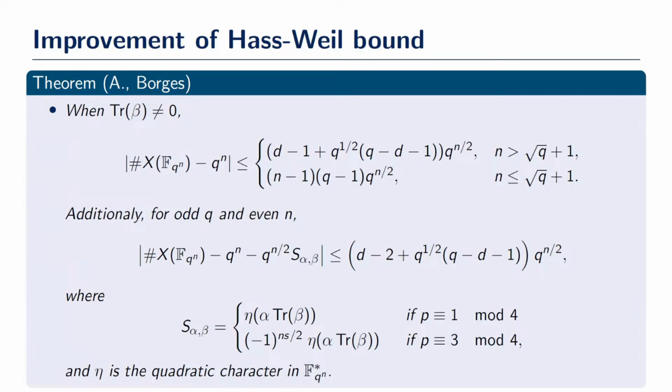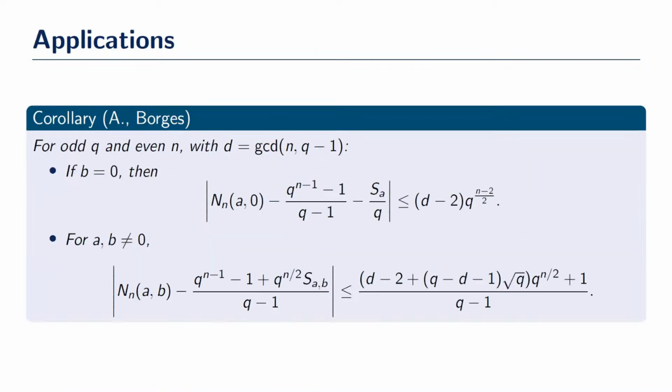Okay, what can we get from these improvements is the following. The first one is, as I just said, an improvement for the known bounds for the number of elements with given normal trace. Okay, we do have these two situations when b is 0 or not.